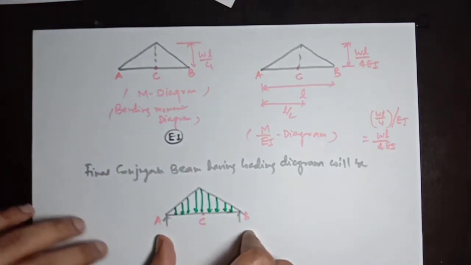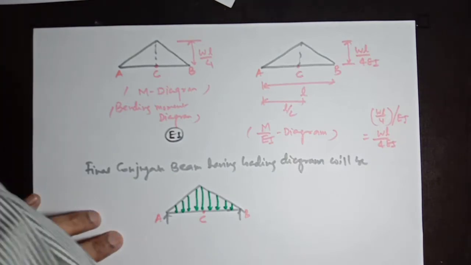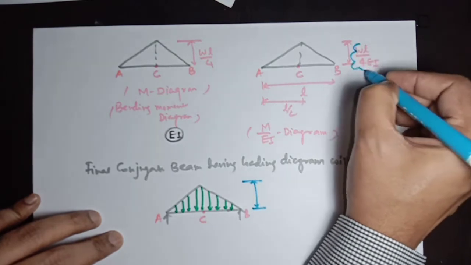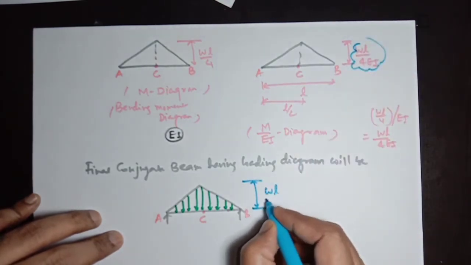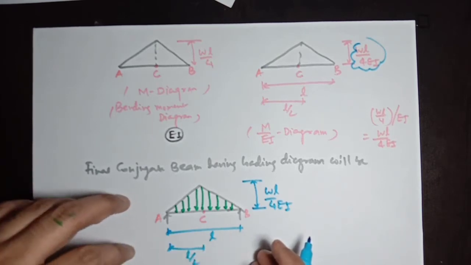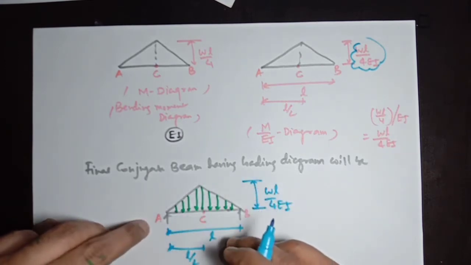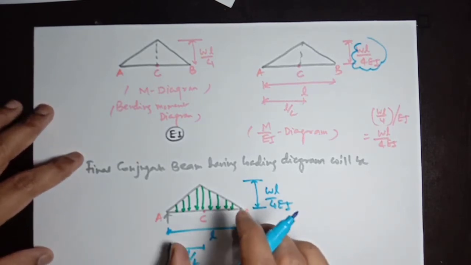This is the final conjugate beam having the loading diagram, and the maximum value is WL divided by 4EI. The span of this beam is L and it is L by 2. This is a symmetrical, triangular loading acting over this conjugate beam.